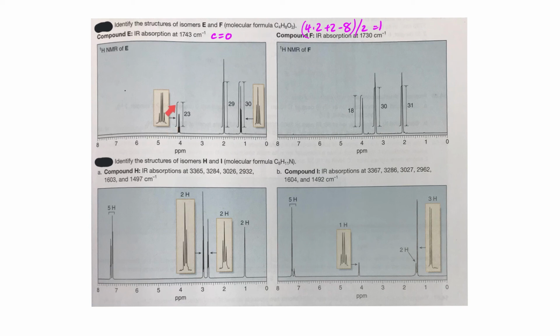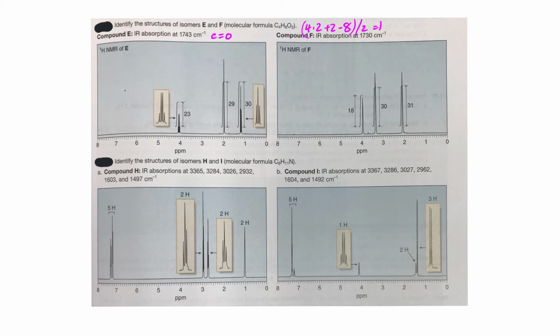And so this is actually an integral curve, and you can see that this curve is a little smaller than the 2 curves at 2 or 1 ppm. Now we're going to come up with a ratio that makes sense and uses whole numbers between these curves. I would propose that the integrations at 2 and 1 ppm are probably the same, and thus the integration of the signal at 4 is less than the first 2.